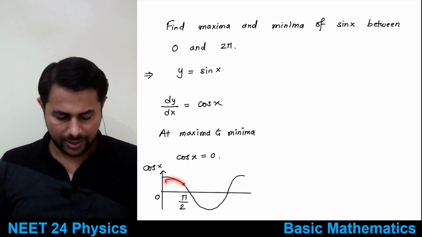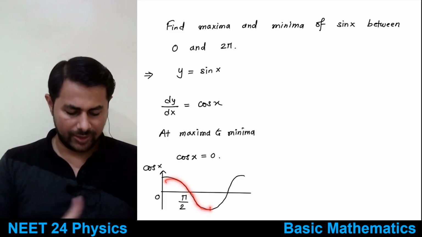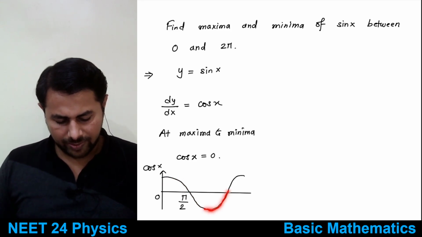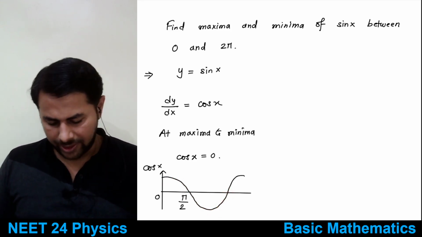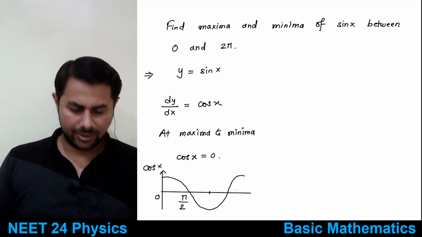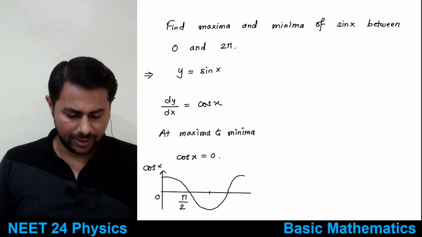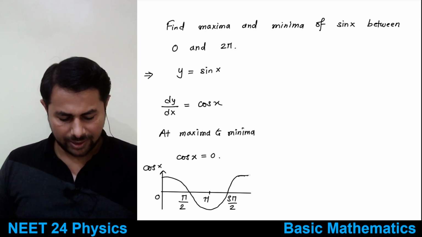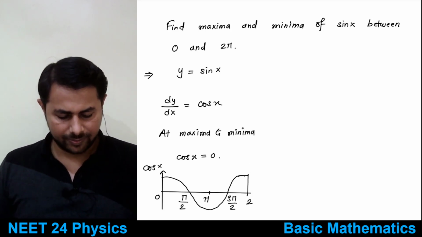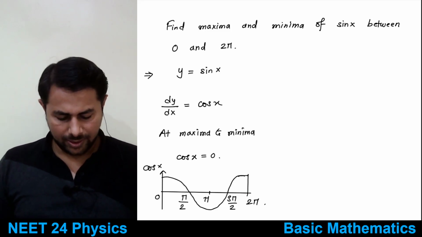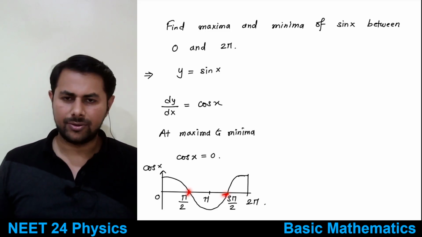Again it will go to a minimum value here, then it comes back, it goes to 0 at this point. So this is 180 degrees, because cos of 180 is minus 1, but if you want to write it in radians, it will be pi. This is 3 pi by 2, and again it goes to maximum at 2 pi. So there are these 2 points where it goes to 0.